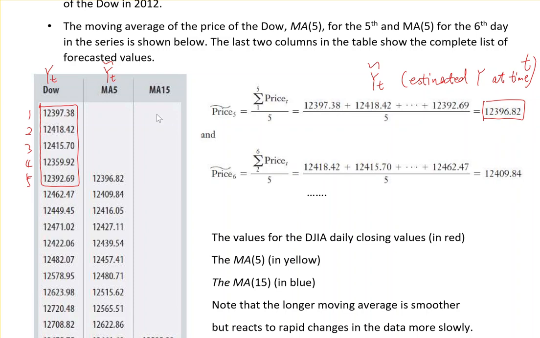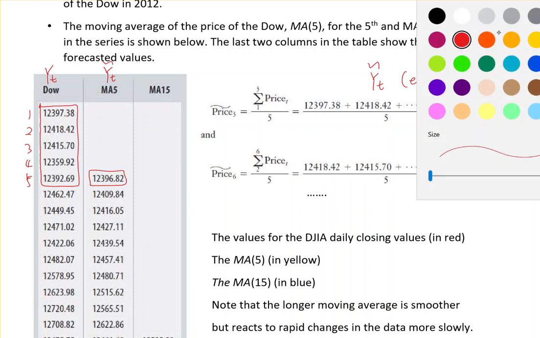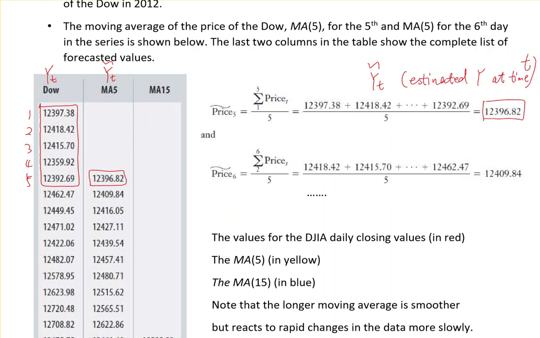We first get the first estimated value at time 5. Then we move to the next 5 values.